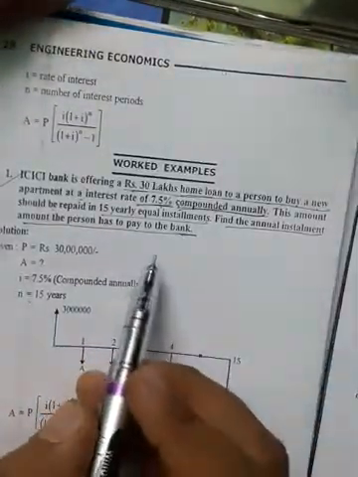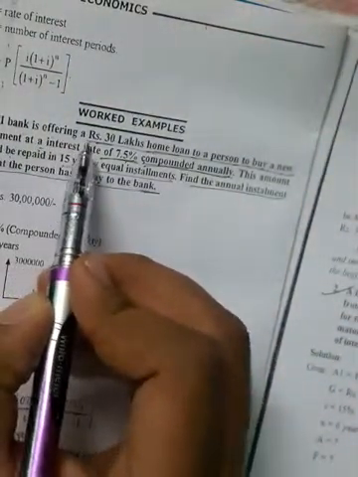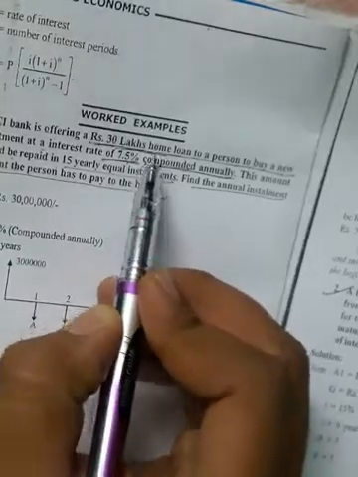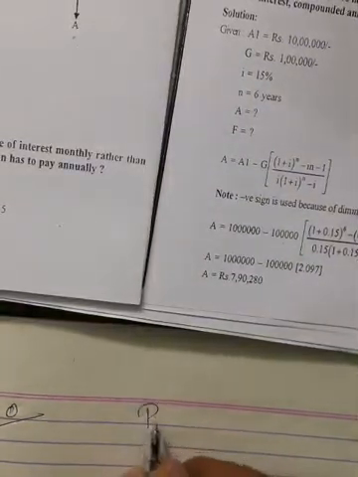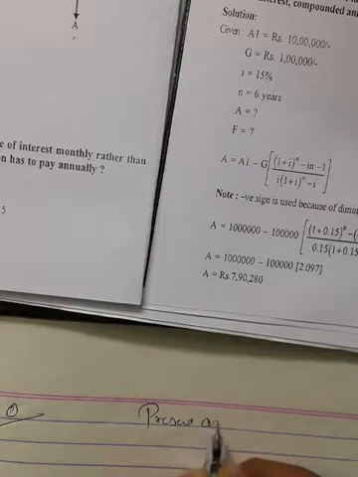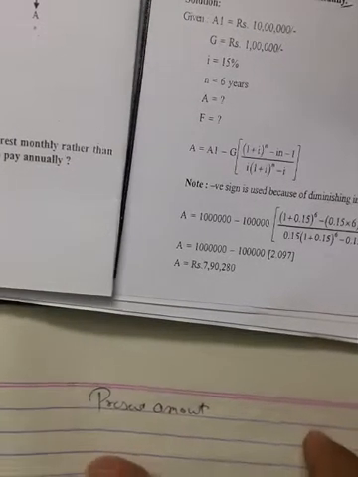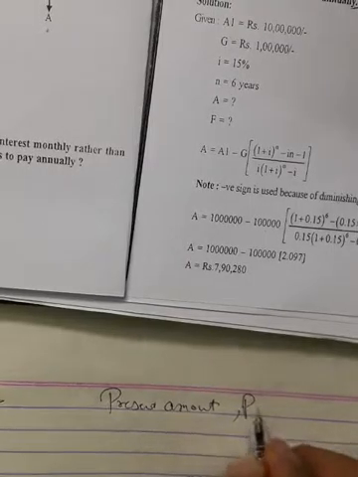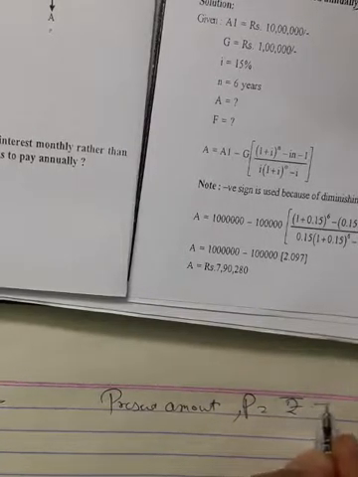Same thing here. First write what is given. ICICI Bank is offering rupees 30 lakh, so the present amount he is going to get in the form of a loan is rupees 30 lakh.